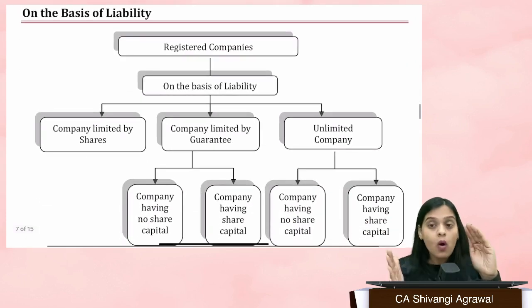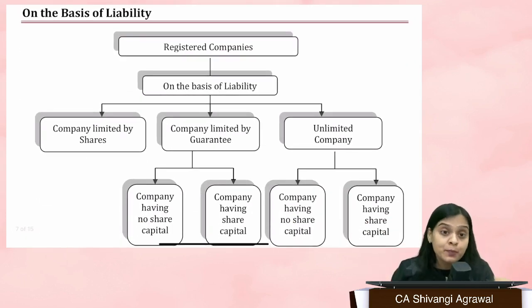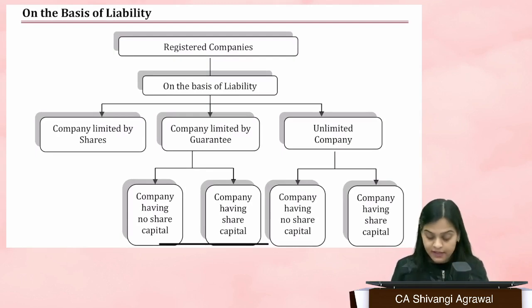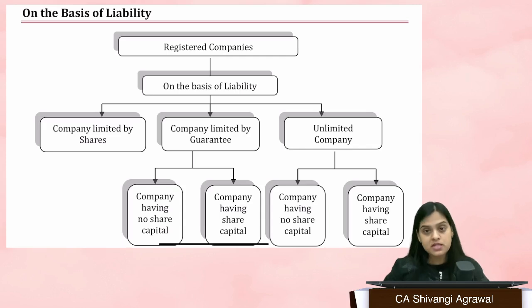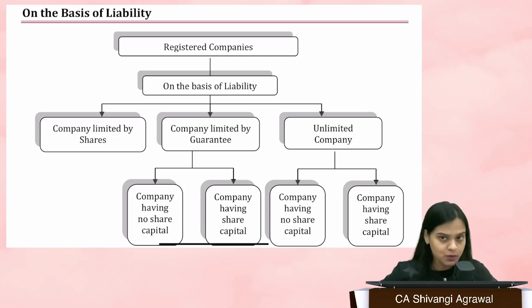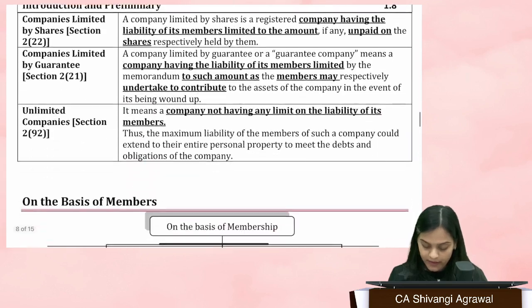Okay. Now, on the basis of liability, we have different types of companies: company limited by shares, company limited by guarantee with share capital, without share capital, or an unlimited company with share capital or without share capital. That is how the companies can be. Okay.